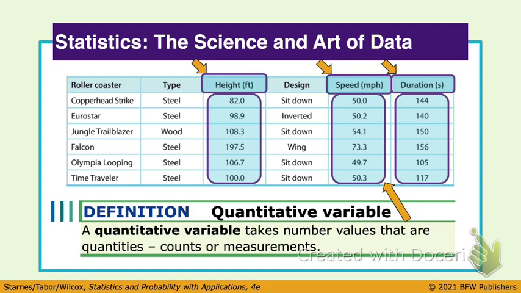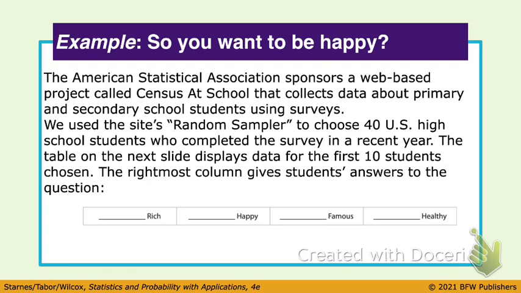Perfect. Then you and your group have your first assignment. The American Statistical Association sponsors a web-based project called Census at School that collects data about primary and secondary school students using surveys. We use the site's random sampler to choose 40 U.S. high school students who completed the survey in a recent year.